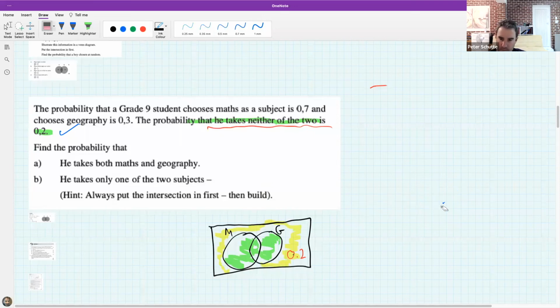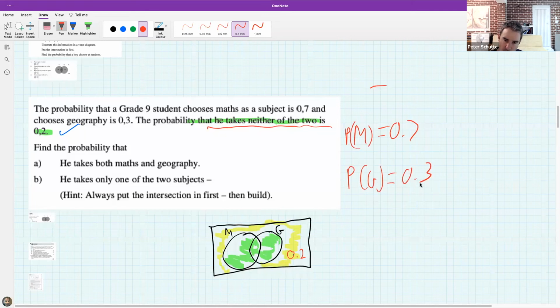Now, the problem is that I'm told already that the probability of maths is 0.7, and the probability of geography is 0.3. That already adds up to 1 by itself, which is greater than the 0.8 that I know it has to add up to. So using the same trick as last time, what's this middle region going to be? It's actually going to be 0.2.